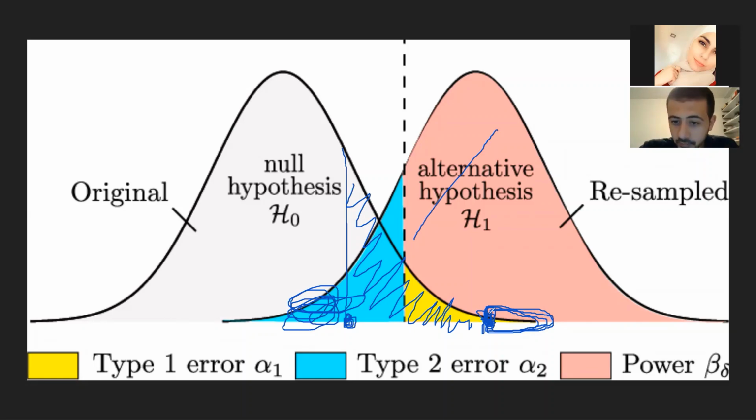If I'm here, I will have type 1 error, false positive, if I belong to here, but I consider it false. And if I'm standing here, I will have type 2 error because I couldn't make it to the alternative hypothesis. I couldn't reject the null hypothesis, but it is actually rejected and I belong to this.